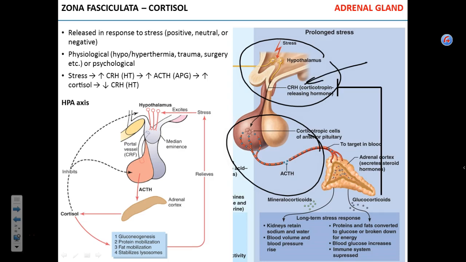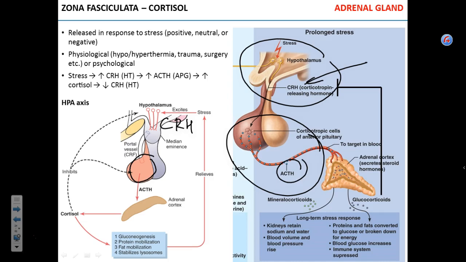The first thing is corticotropin releasing hormone, CRH, produced in the hypothalamus. Corticotropin releasing hormone is then delivered to the anterior pituitary, where it stimulates adrenocorticotropic hormone.